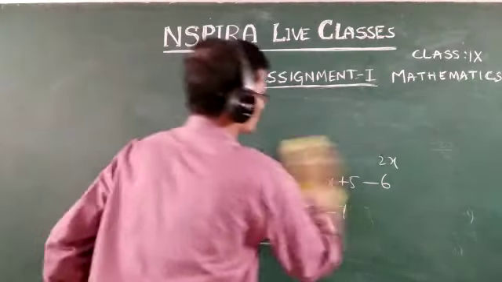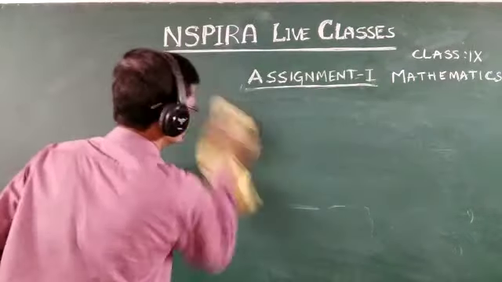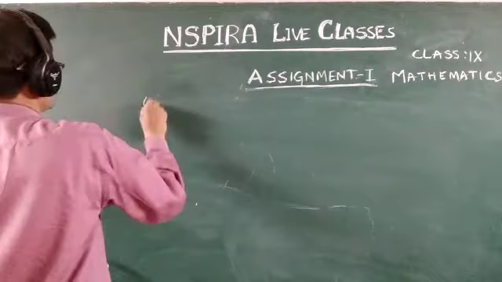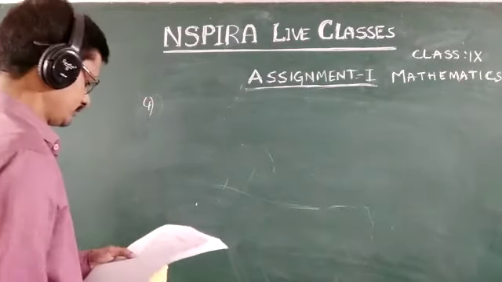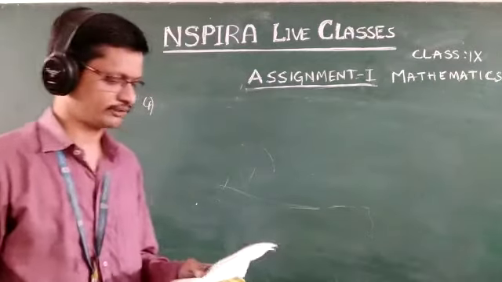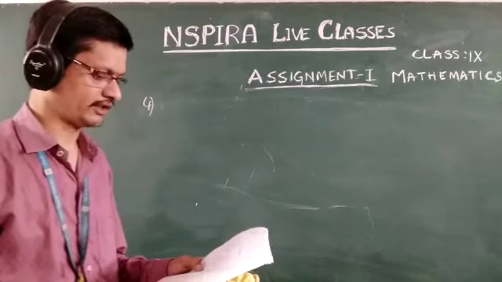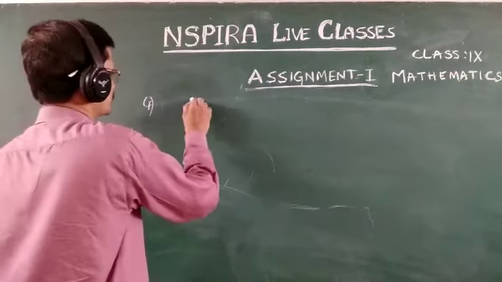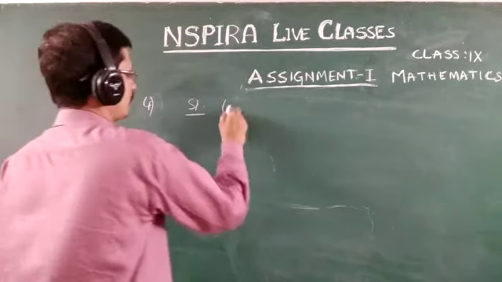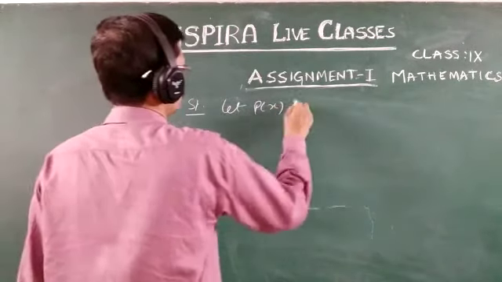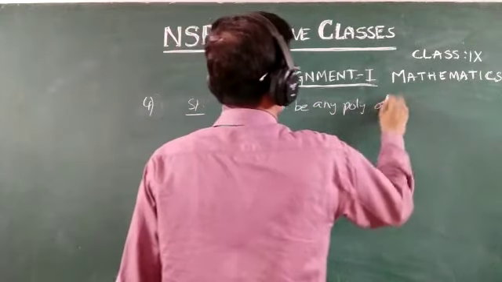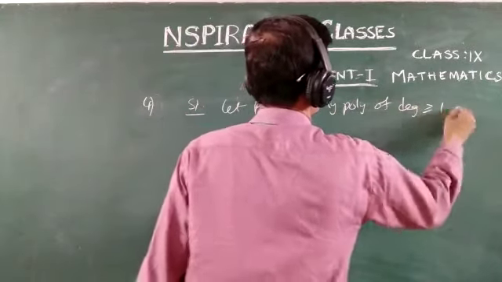Now see the fourth question. State the remainder theorem and find the remainder when x cube minus 2x square minus 5x plus 4 is divided by x minus 2. See the remainder theorem statement. Let p of x be any polynomial of degree greater than or equal to 1.